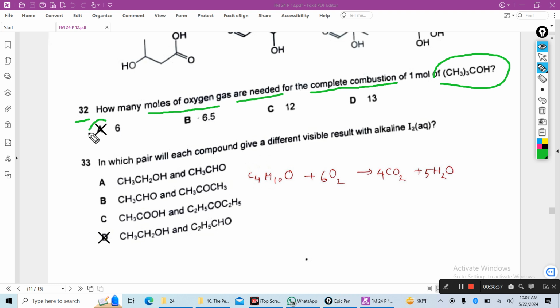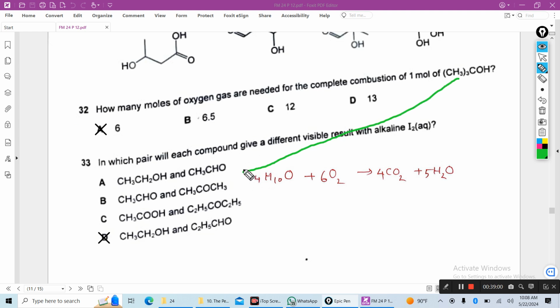Now this answer will be 6 moles. This is C4H10O. If it reacts with oxygen, 4 moles of carbon dioxide and 5 moles of water are produced. Now on the right-hand side, 4 times 2 is 8, plus 5 is 13 oxygen atoms. Left-hand side has 1, so 12 from oxygen gas, which is 6 moles. So 6 is the right answer.